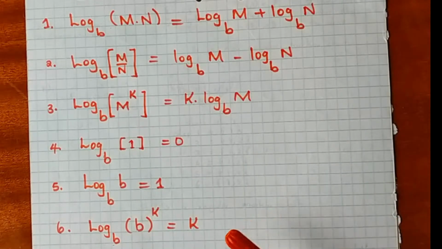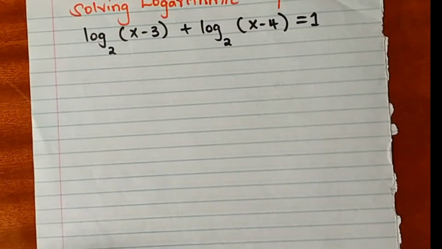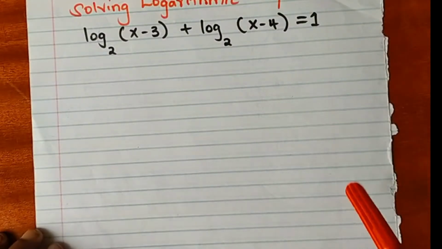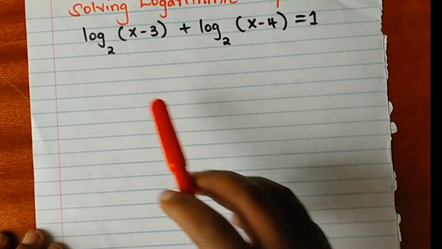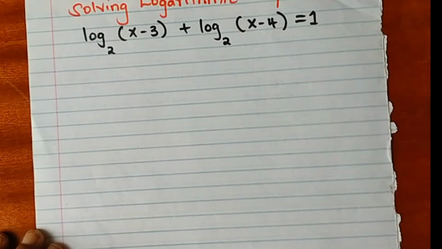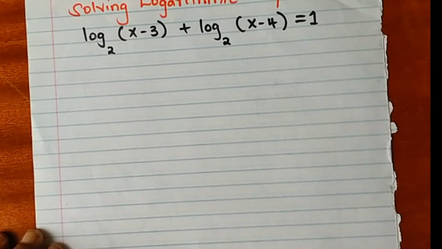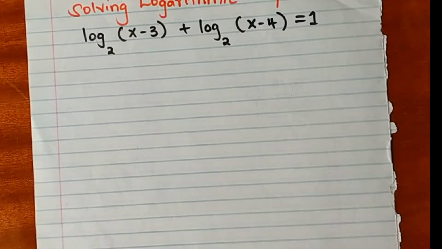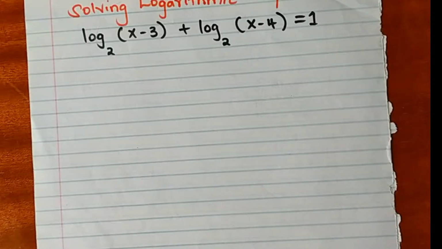So for the first example, we have this equation: the log of x minus 3 to base 2 added to the log of x minus 4 to base 2 should be equal to 1. First thing first, here this is the sum, so we can express this as the product.